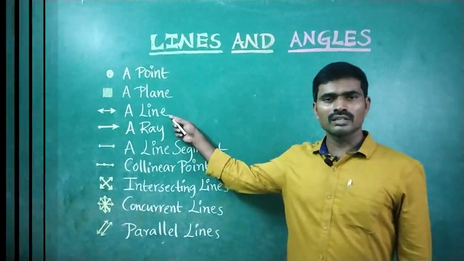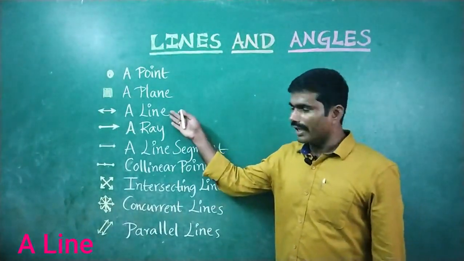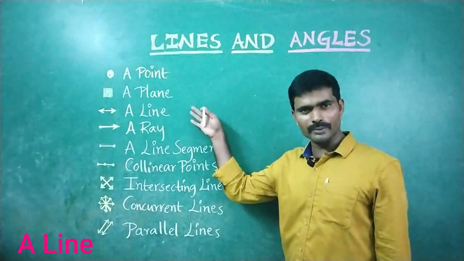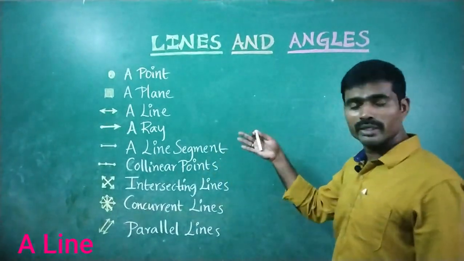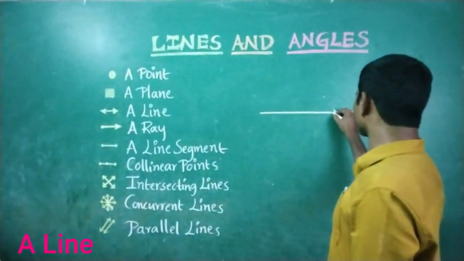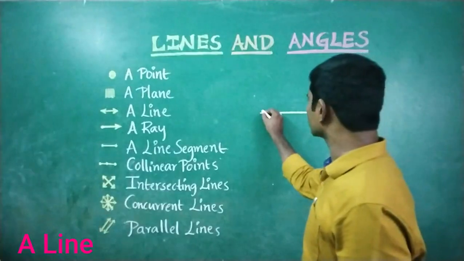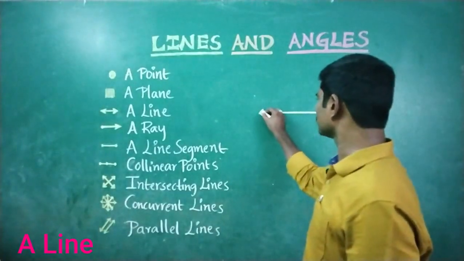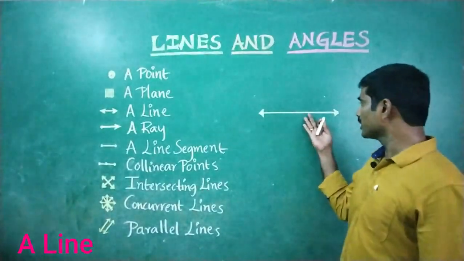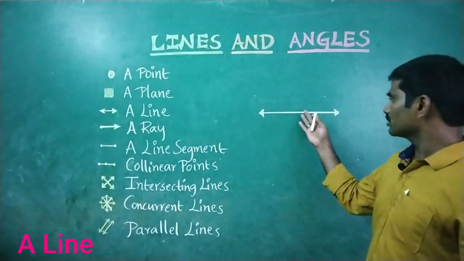A line. A line is also an undefined term. It has no perfect definition, but we can represent it by a physical model. Suppose this is a line. It has no endpoints. How can we denote it?